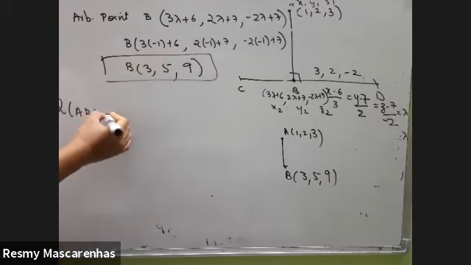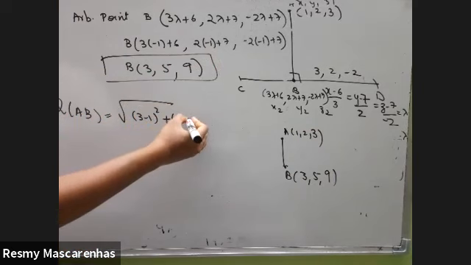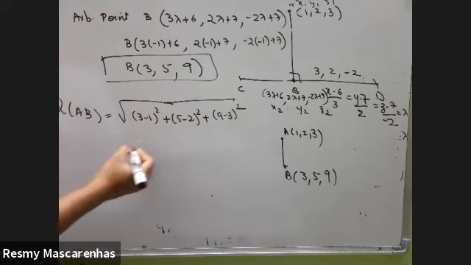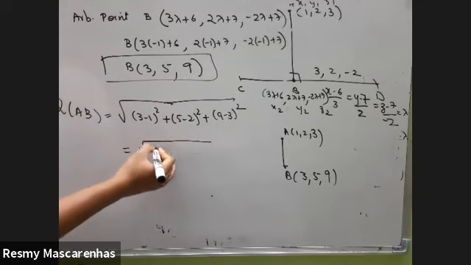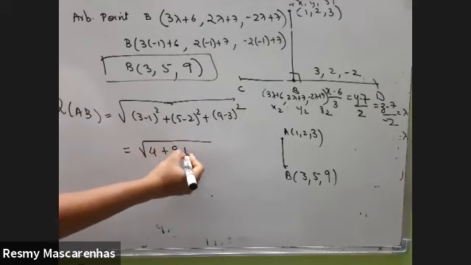The second part is this. 3 minus 1 the whole square. 5 minus 2 the whole square will be 4. 7 units.